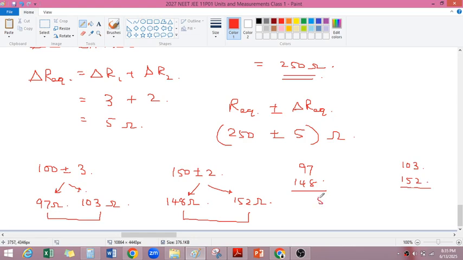If I add it, it will be 245 and 255. So you see 245 to 255. So that means the mid value will be 250, so you got 250 plus or minus 5.